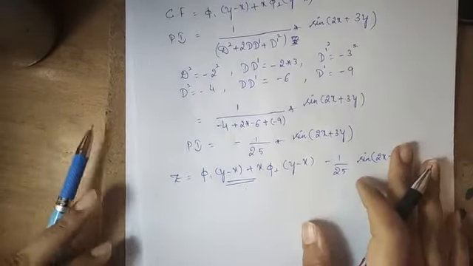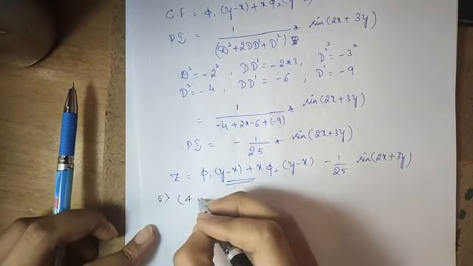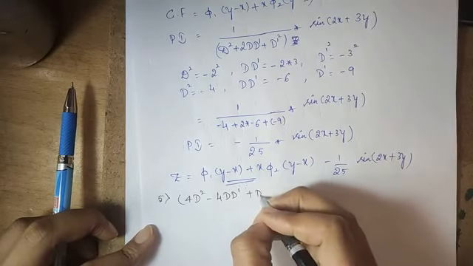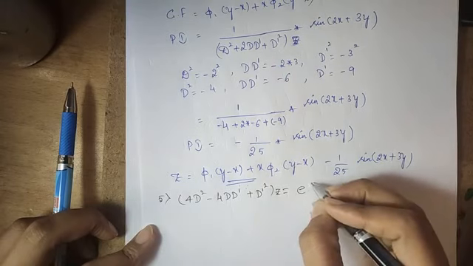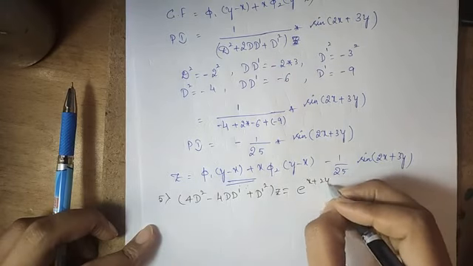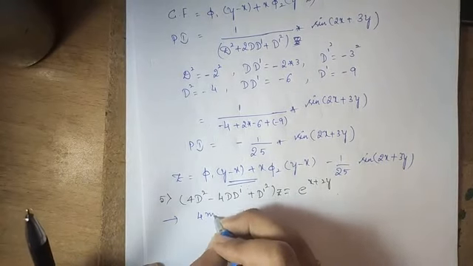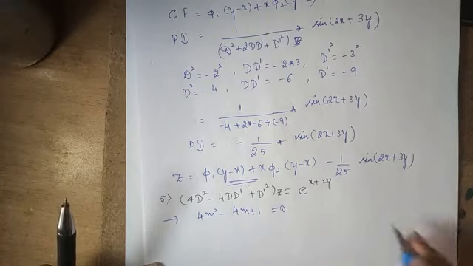The next problem is a bit different. So let's solve that. 4D square minus 4DD dash plus D dash square into z is equal to e power x plus 2y. So the auxiliary equation is 4m square minus 4m plus 1 is equal to 0.